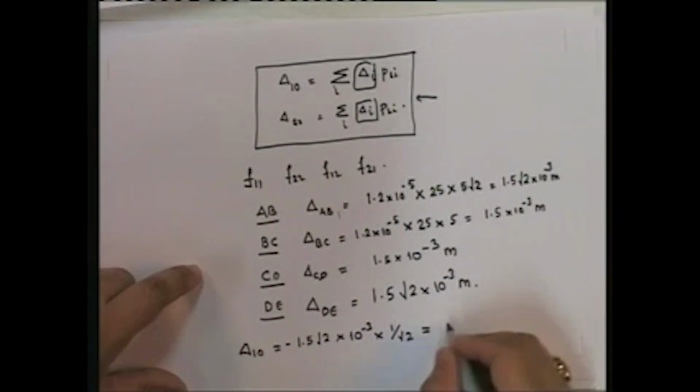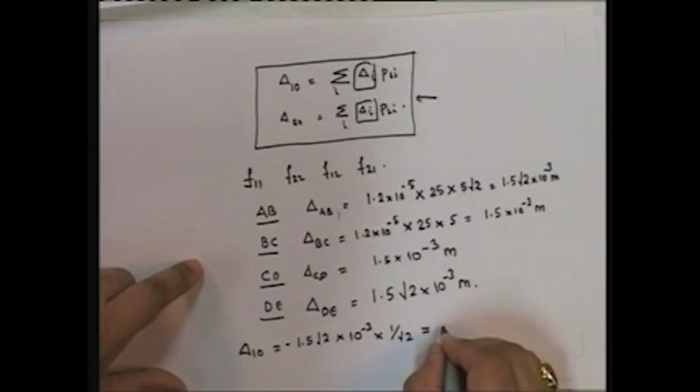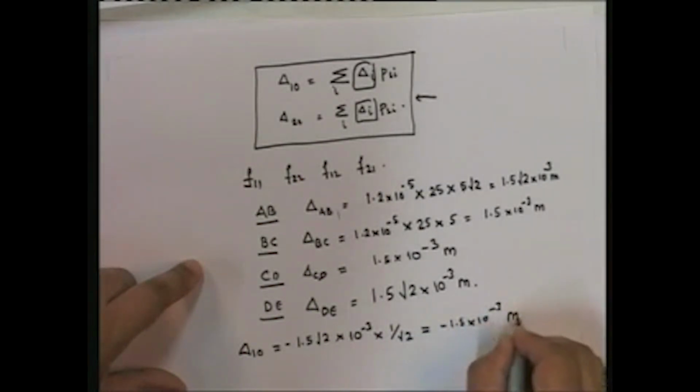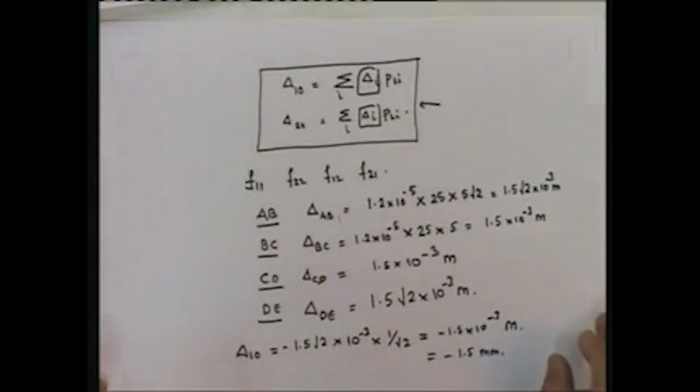So delta 1 basically becomes minus 1.5 into 10 to the power of minus 3 meters, which is 1.5 millimeter.